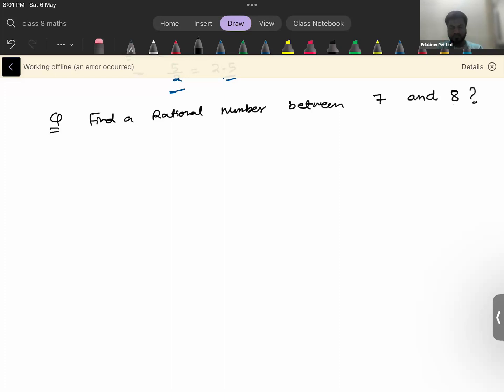Solve this: 7 upon 1 and 8 upon 1 divided by 2. Solve the question in your notebook or in your copy, and just tell me the answer. Okay, sir.